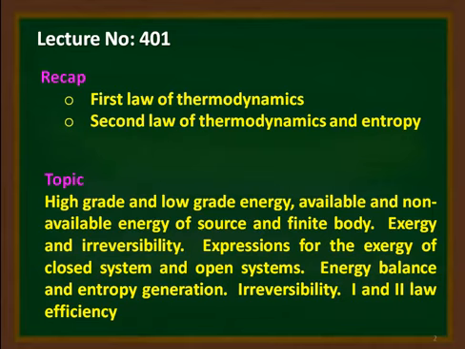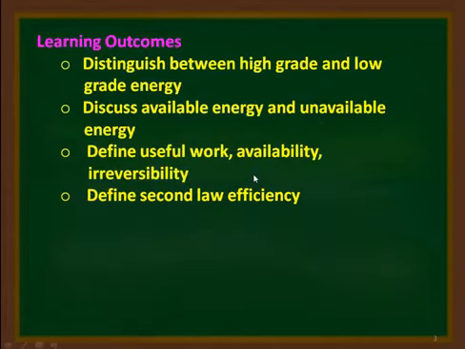These are the topics we are going to briefly discuss in this lecture. The learning outcome: at the end of the lecture, the student will be able to distinguish between high grade and low grade energy, discuss available energy and unavailable energy, define useful work, availability and irreversibility, and define the second law efficiency of the system.